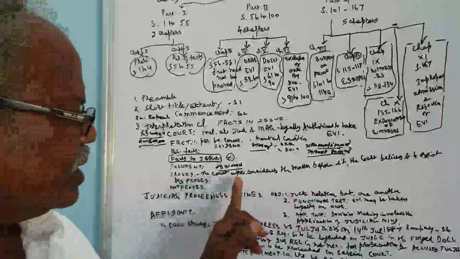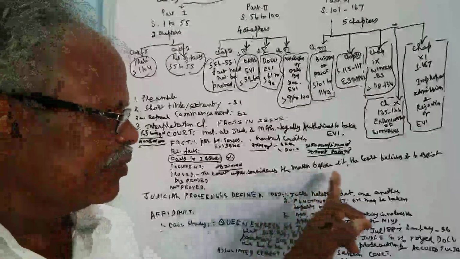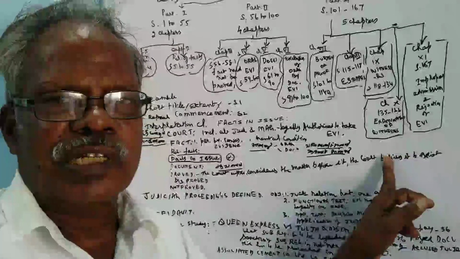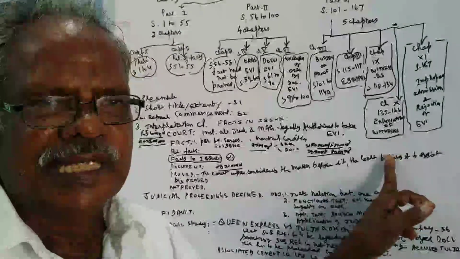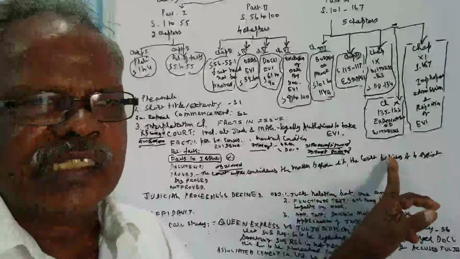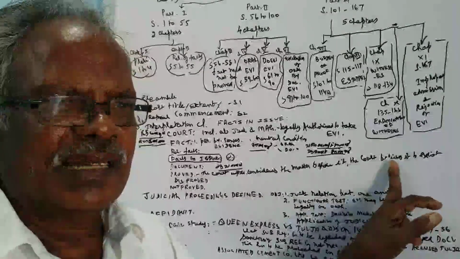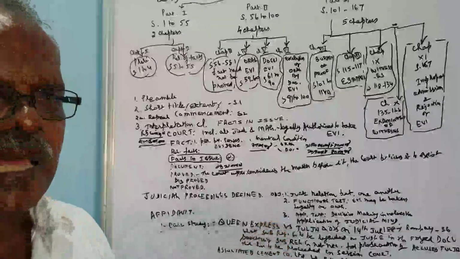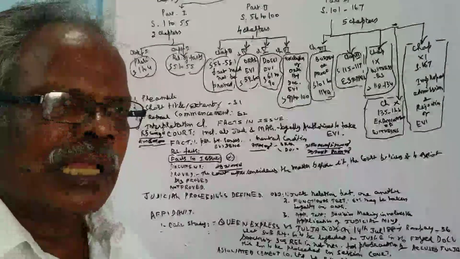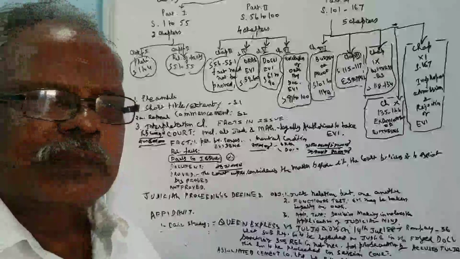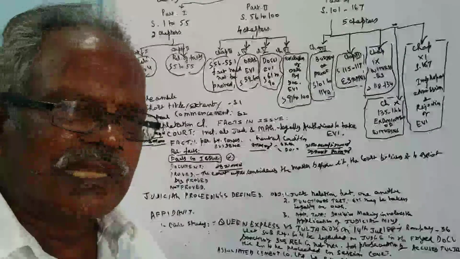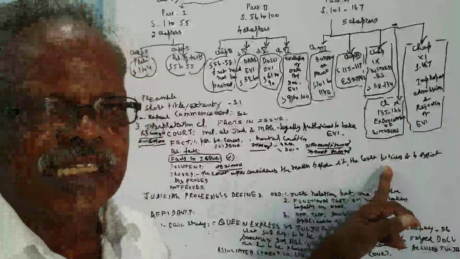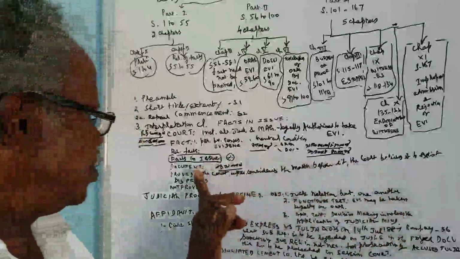Disproved means the court, after considering the matter before it, disbelieves it to exist. The existence of a matter or a fact is not there, that is called disproved. When a matter is brought to the court, and then the court thinks that it is not in existence, that is called disproved.